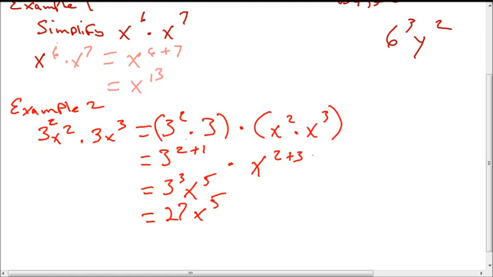So let me make sure I put these instructions and steps out here, and if you don't mind, make sure that when you copy this video that you copy these steps down. Here, this is the multiplication property. And of course, here we are using the product of powers property.